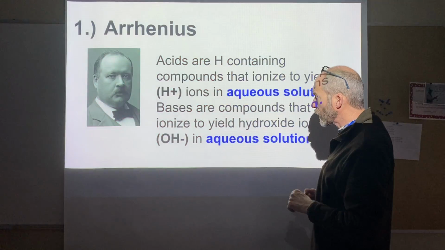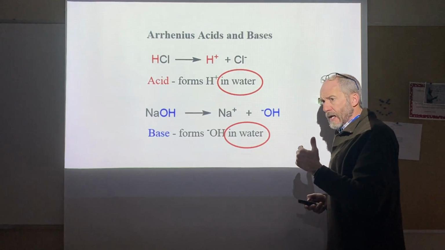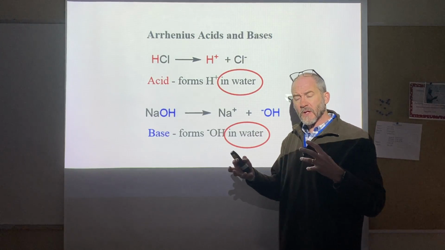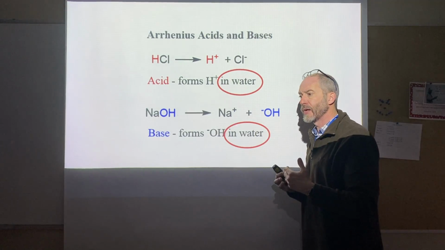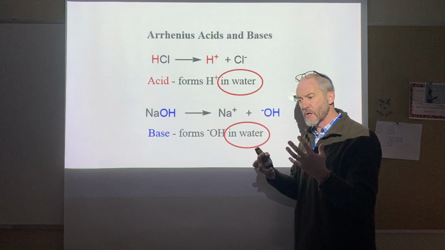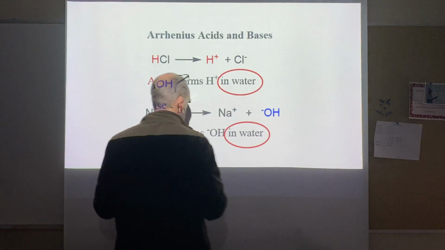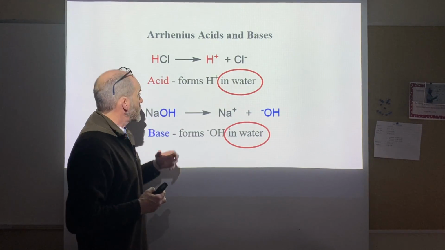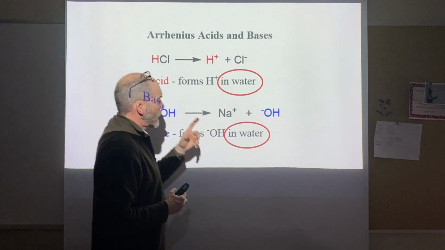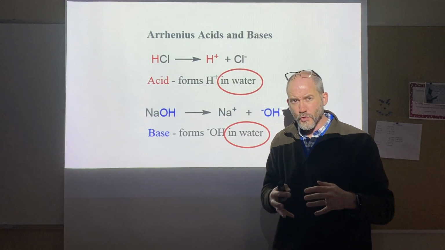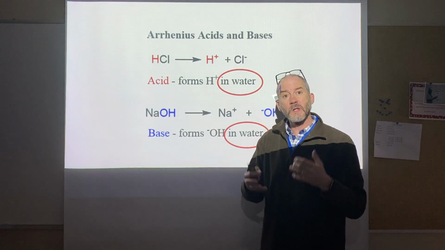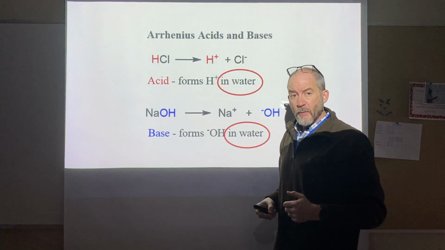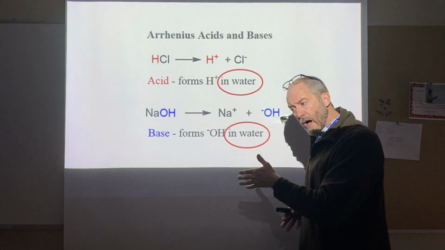We won't spend as much time with Arrhenius because I really feel like that's fairly easy for you to understand. By Arrhenius theory, an acid or a base is something that is in aqueous solution. What does it mean to be an aqueous solution? People hear the word and automatically think aqua.